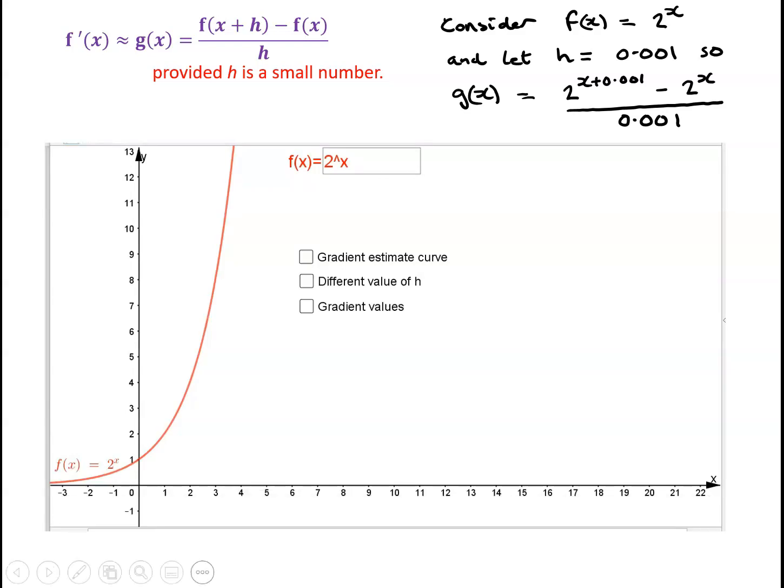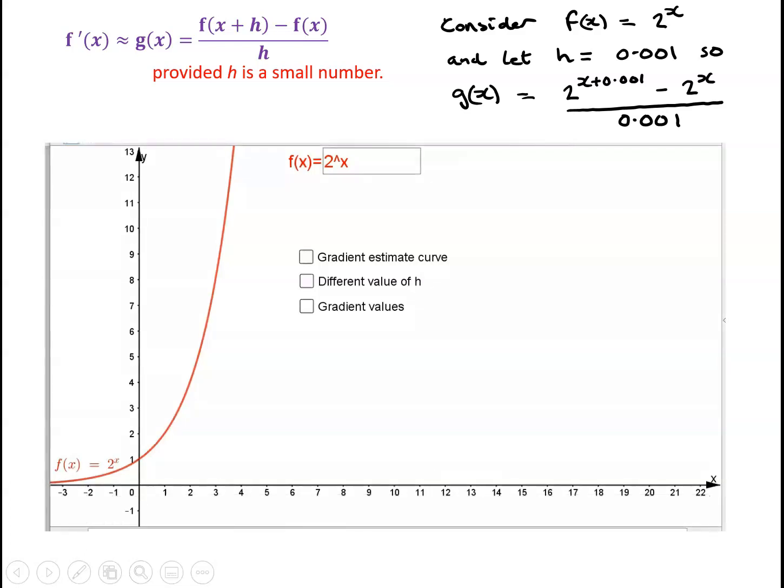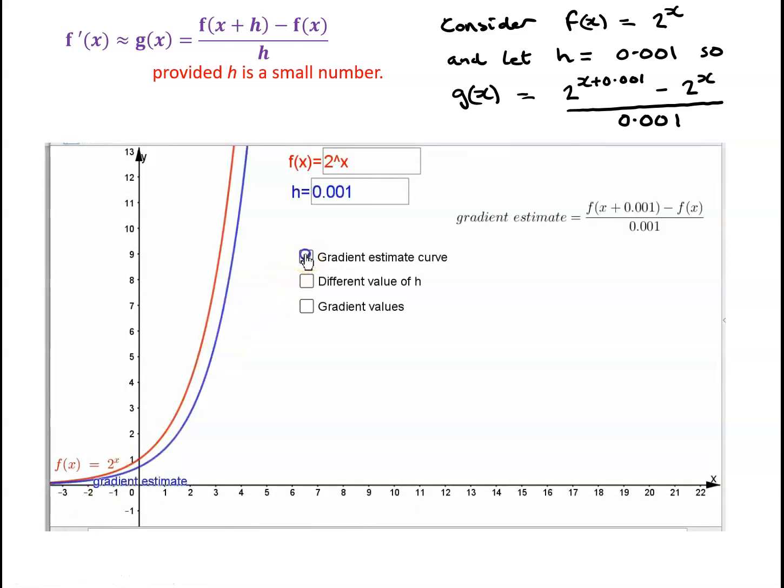Now in the video that we've got here, we have got the graph of f of x equals 2 to the power x. And to that graph, we are going to add the gradient estimate curve, which is in blue now.